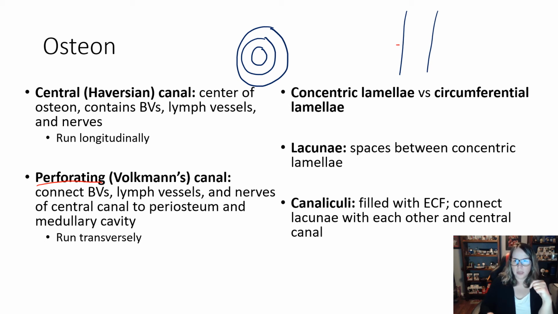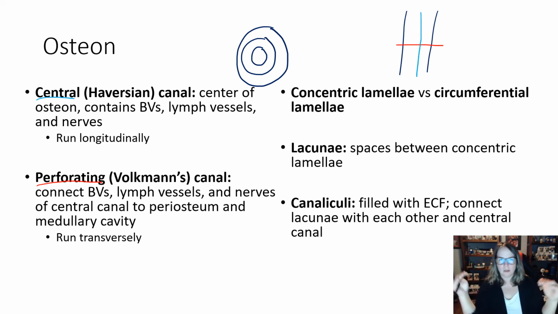So the perforating canals are going to run this way, and then the central canals will run this way. Think of the perforating canals as getting the blood vessels in, and then the central canals are what disseminate it up and down the bone.